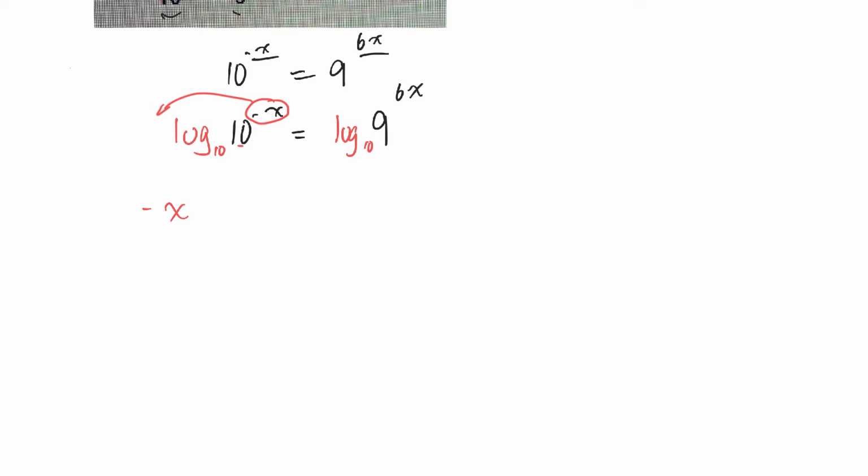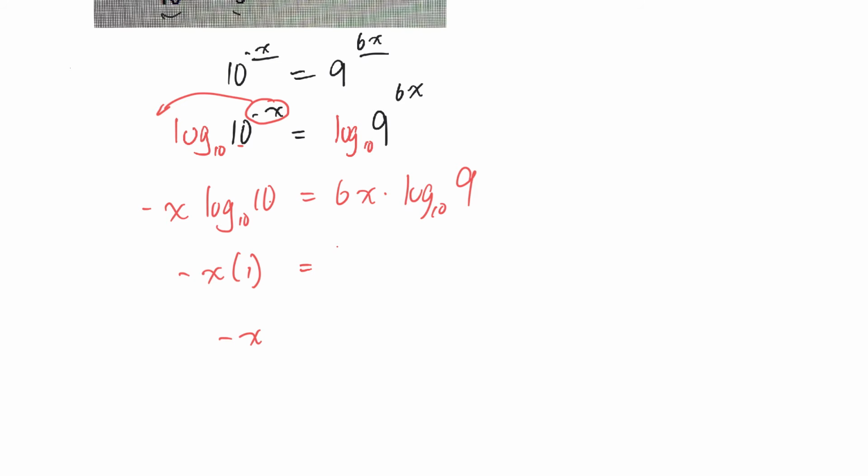So I'll have negative x times the log base 10 of 10, and then 6x times the log base 10 of 9. Okay, log base 10 of 10 is just 1, so on this side I'd have negative x times 1, or just negative x.